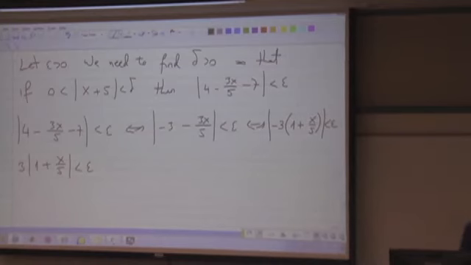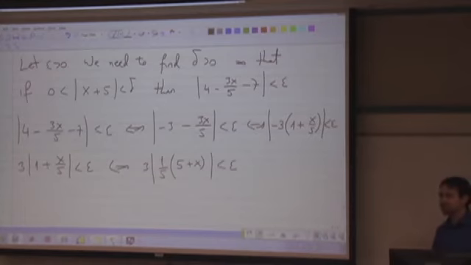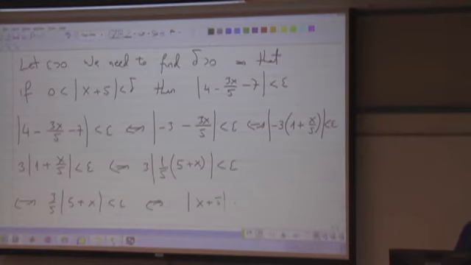I can notice that this is equivalent to 3 times the absolute value of 1 over 5 times (5 plus x) less than epsilon, which is equivalent to 3/5 times the absolute value of 5 plus x being less than epsilon, which is equivalent to saying that the absolute value of x plus 5 is less than 5 epsilon over 3.